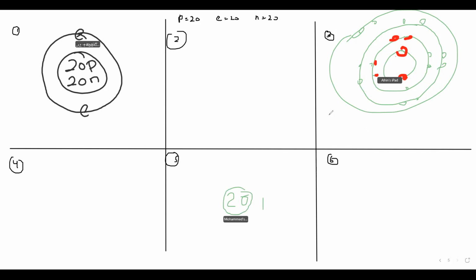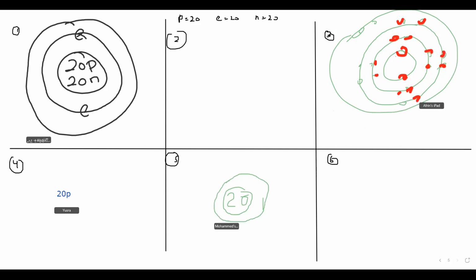After completing your structure, just write the electronic configuration. Yes, what about others? Saim, Abdullah Khan.